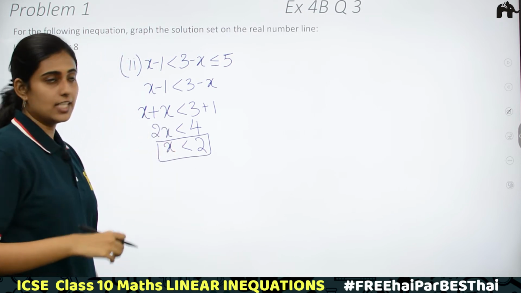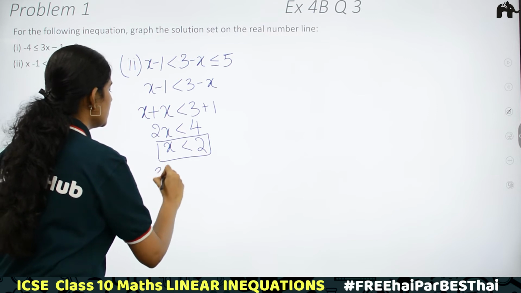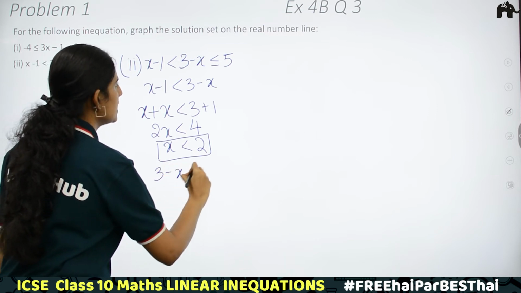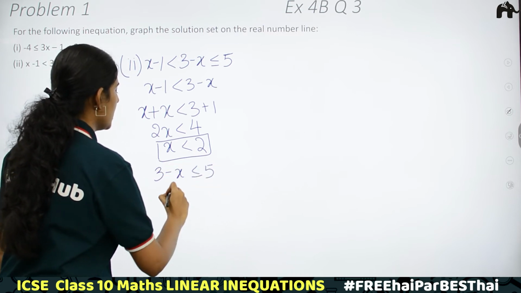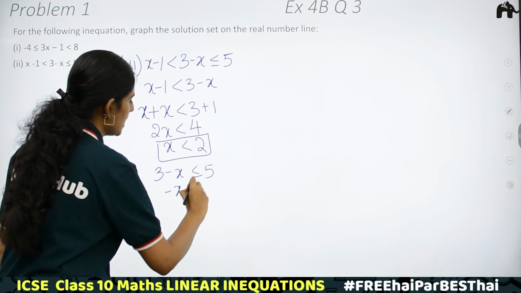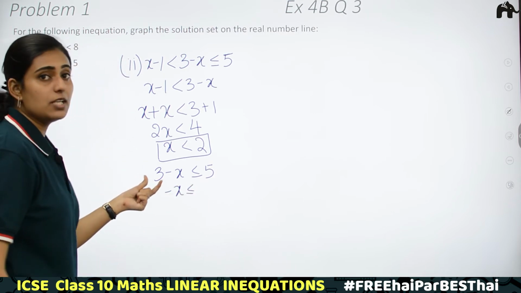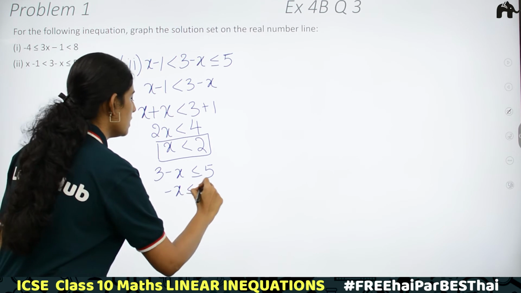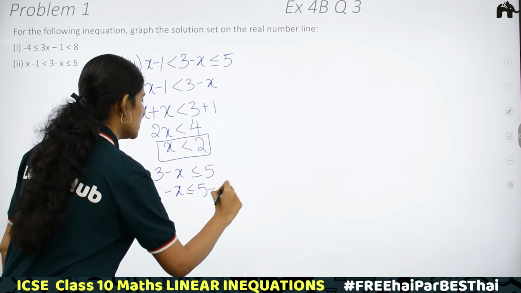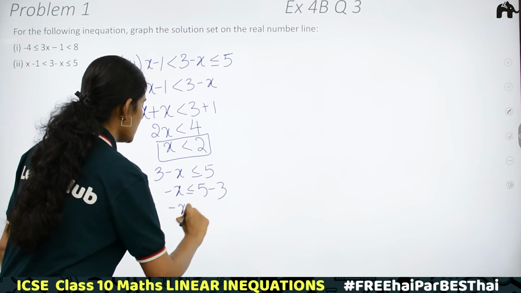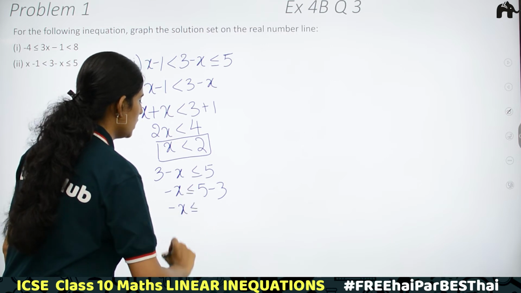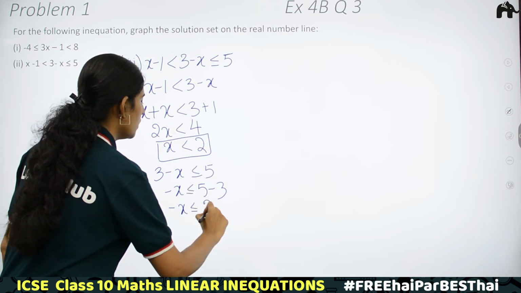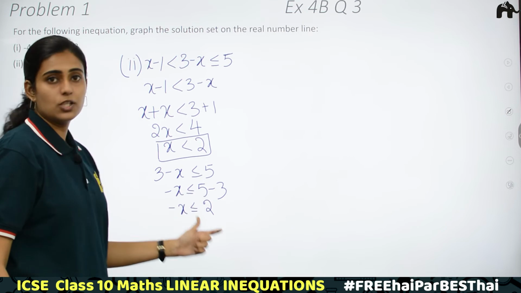Got the first condition? Now take the second part. 3 minus x less than or equal to 5. Which means minus x less than or equal to, shifting plus 3 to the opposite side, it becomes minus 3. 5 minus 3. Minus x less than or equal to 2. 5 minus 3 is 2.